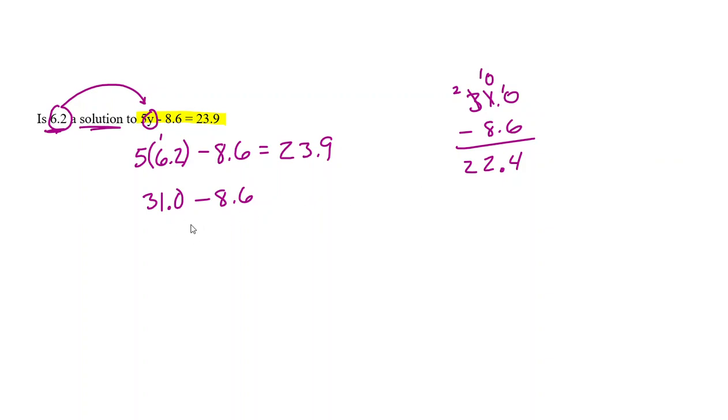And so 31.0 minus 8.6 is 22.4. Does that equal 23.9? Well, if we were estimating, chances are we would have said yes, but precisely no. The answer is no, and therefore this is not a solution.